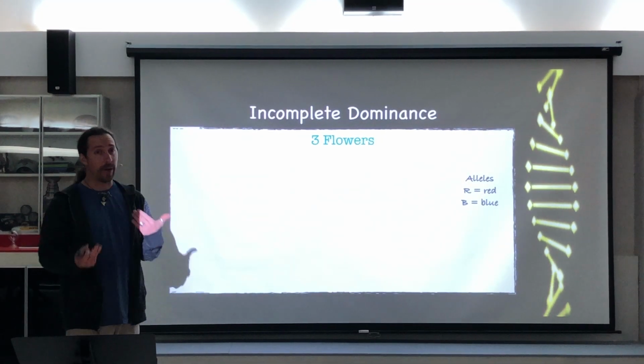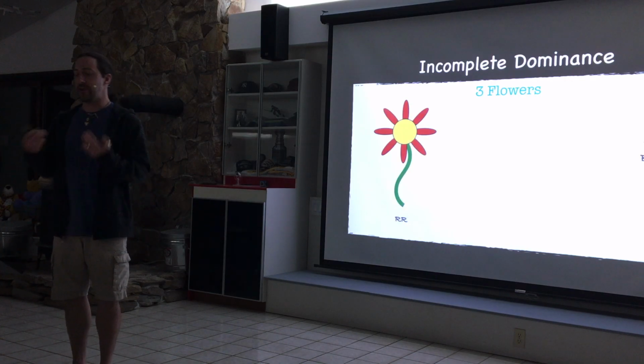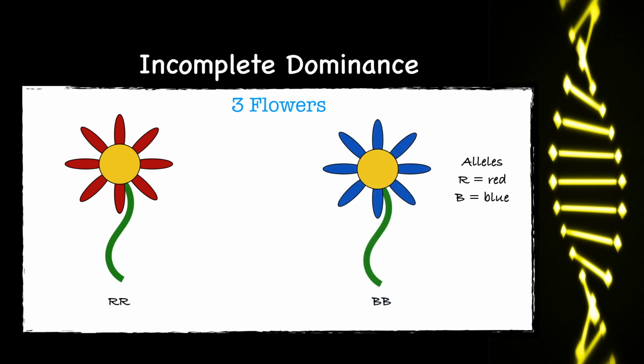So looking at those flowers that we just had in the previous example, we know that the homozygous for the red allele is going to appear red. We also know that homozygous for the blue allele is still going to appear blue. There's going to be no change in that. But the heterozygote is no longer going to appear red because these alleles are going to blend together.